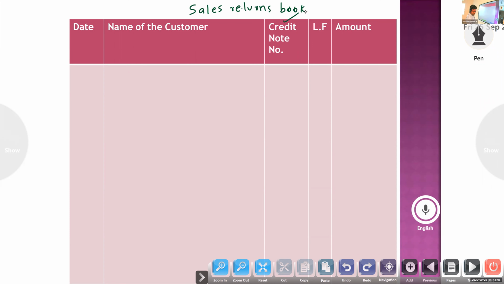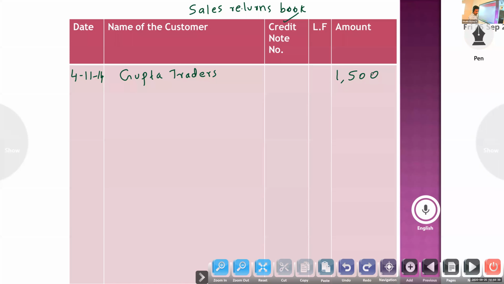First, Gupta Traders returned the goods. Date 4/1/14, name of the customer Gupta Traders, amount directly given, 1,500.